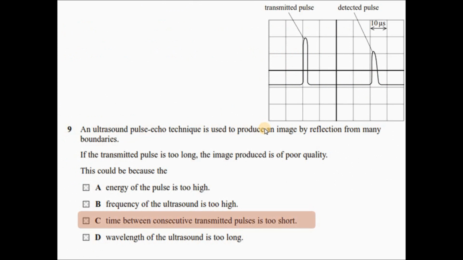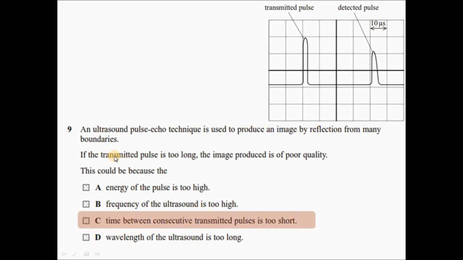Question 9. An ultrasound pulse and echo technique is used to produce an image by reflection from many boundaries. If the transmitted pulse is too long, the image produced is of poor quality, and this could be because of... it is C. Why is that?